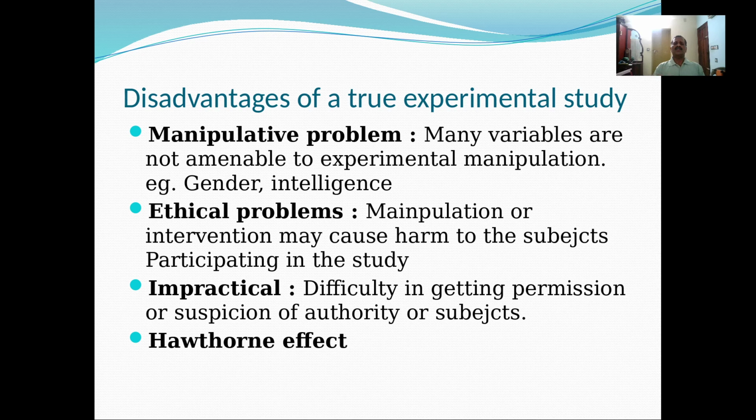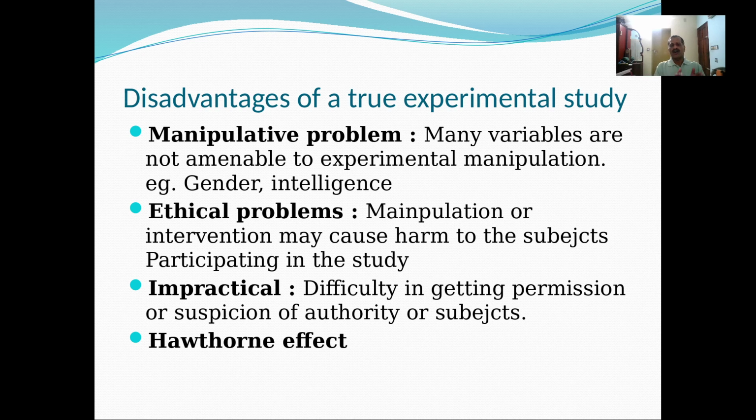Another example I can give is, we want to test whether smoking causes lung cancer. That's a classical example. How can we do an experimental study? We have two groups, an experimental group and a control group. We have 500 subjects in the experimental and 500 in the control, all healthy persons. And we ask the 500 in the experimental group to smoke 2 packets of cigarettes per day for 5 years.